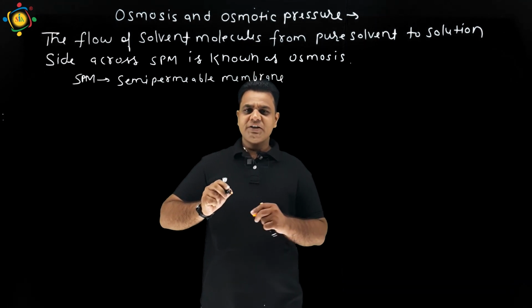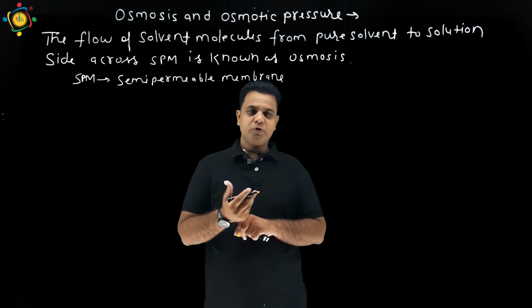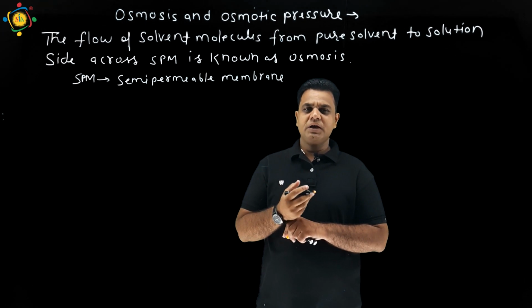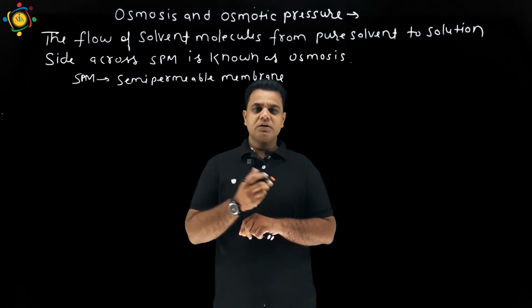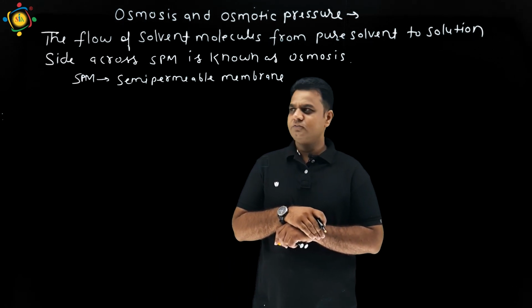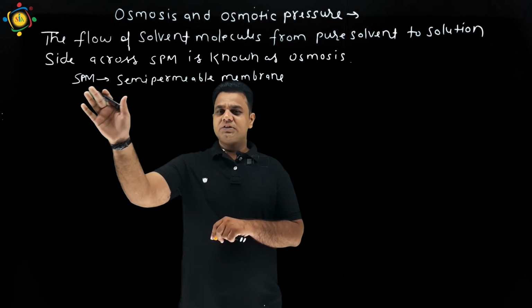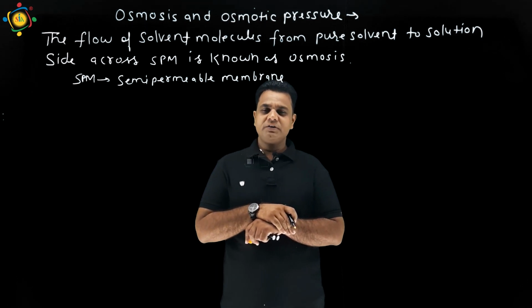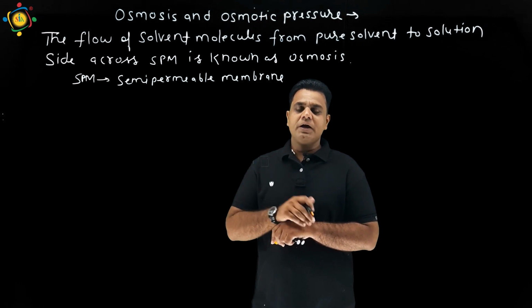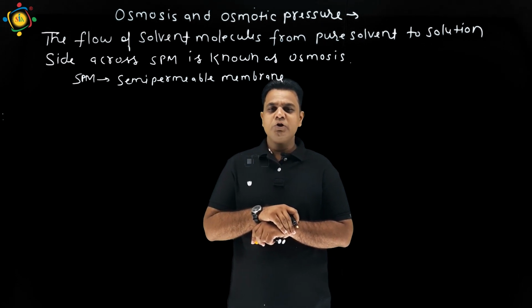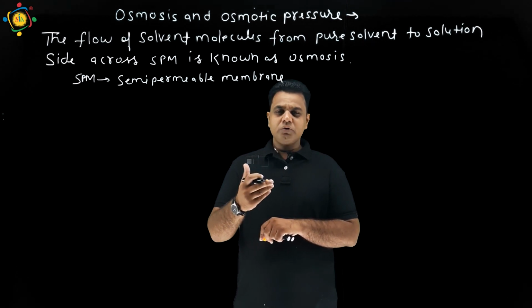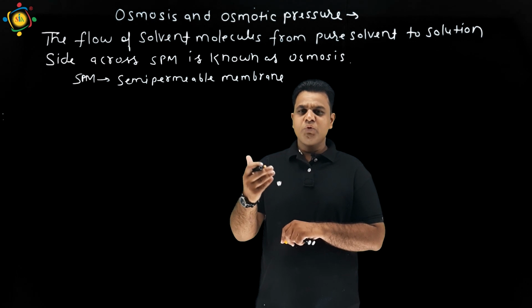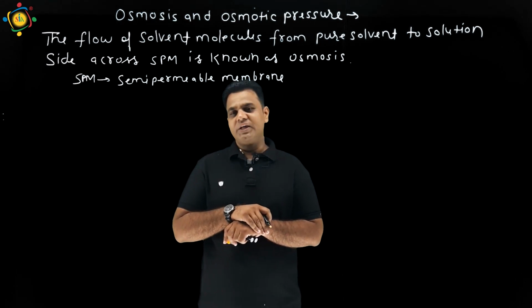This special type of membrane is made up of parchment paper, animal's bladder and various other substances like cellophane. This SPM has a special feature: it only allows the passage of solvent molecules, not the solution.